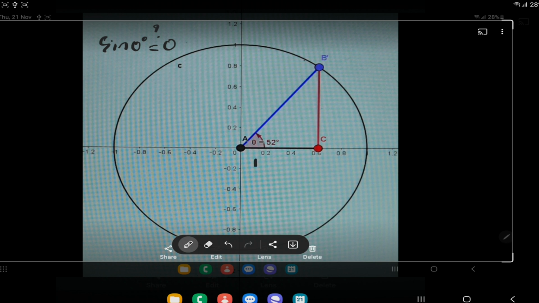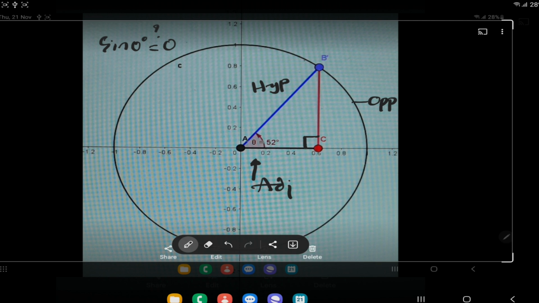Consider an acute angle theta as shown in the figure and drop a perpendicular from B dash to C, right angled at C, to form a right angle triangle with the blue line as the hypotenuse, the red line as the opposite side and the black one as the adjacent side.